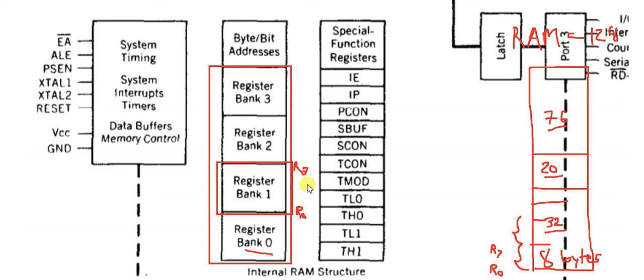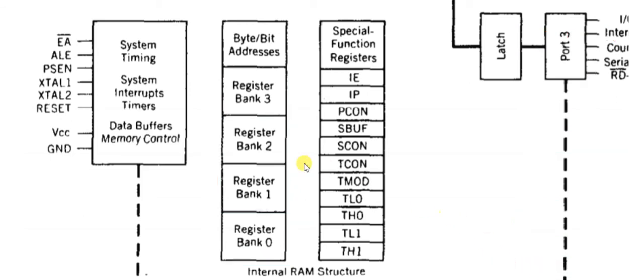Similarly bank 2, which is again 8 bytes, and bank 3, which is again 8 bytes. Each bank has 8 bytes of memory, named R0 to R7. This way we have divided the register banks into 4 banks.